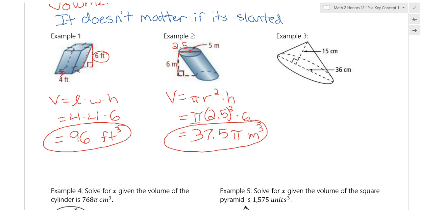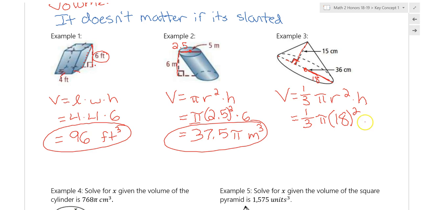Our last one is a cone. This is a slanted cone. Remember, the volume of a cone is 1/3 pi r squared times height. This whole thing is 36, so my radius is half that, 18. And again, I know it's the height because it's hitting at a right angle, just like these had those right angle symbols.